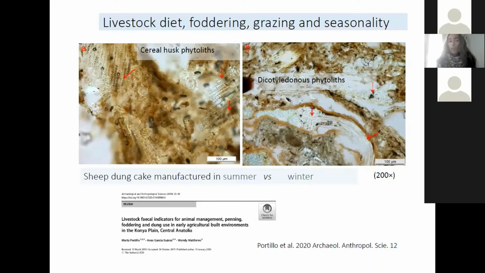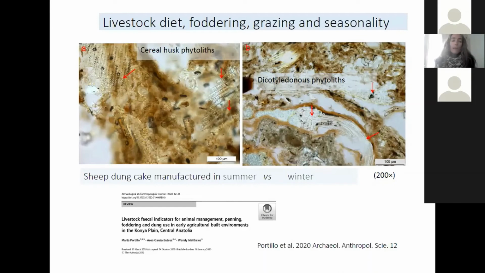There were also some that were manufactured in winter, and we can see that the composition is completely different. We have indicators of husks and inflorescences, floral parts of the wild grasses. And in winter, we have especially epidermal tissues and dicot material.